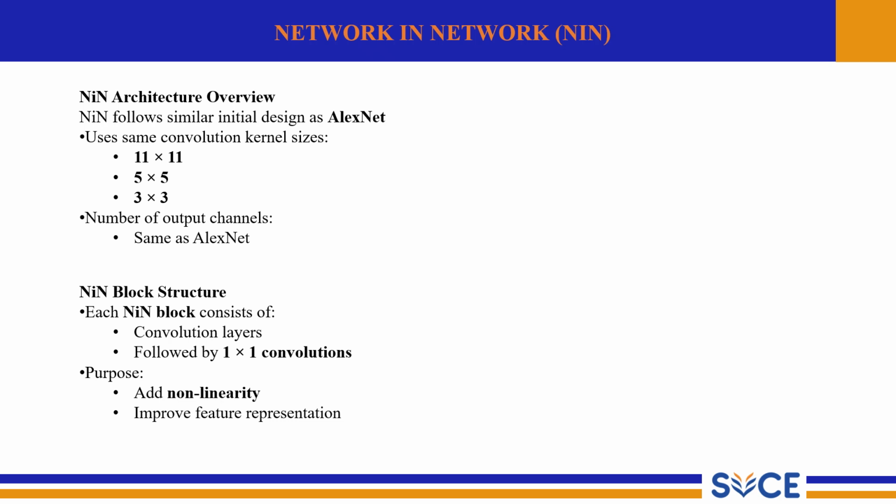They work across the channel dimension, allowing the model to learn complex relationships between feature maps. This improves the expressive power of the network while keeping the model lightweight. As a result, NIN is able to learn richer feature representations compared to traditional convolution architectures while still being more efficient in terms of parameters and computations.